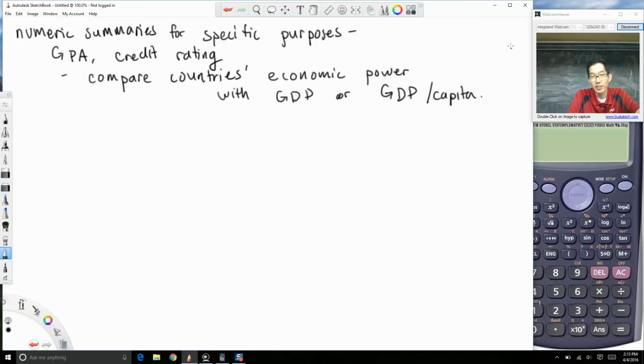You have other things like the HDI, human development index, Gini index for economic inequality, all sorts of things, okay? These are just numbers that, based on some formula that some person came up with, decide how to compare things, okay?